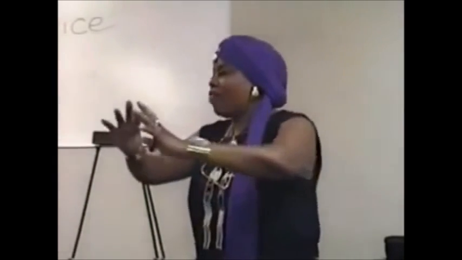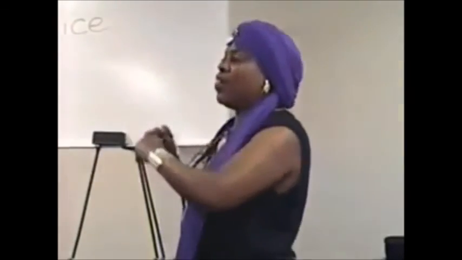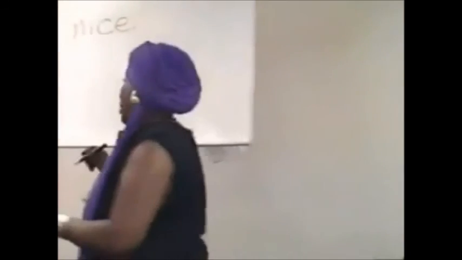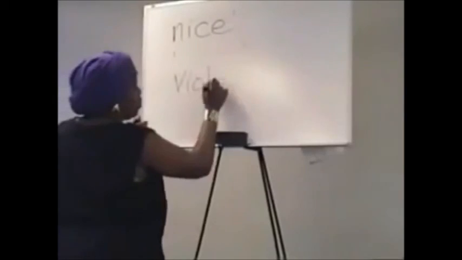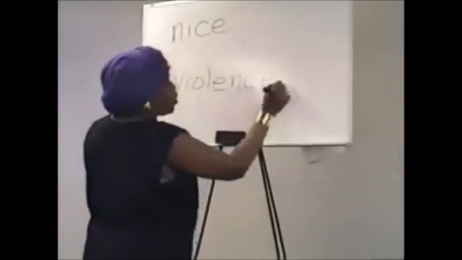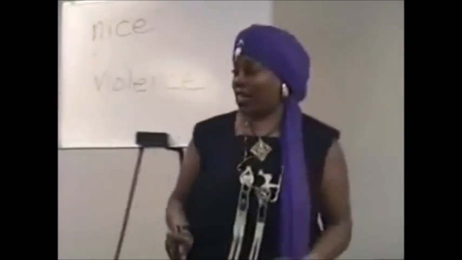So everything that's going on in the world today is going on because melanated people project it out. Europeans, they have the ability to trick and deceive and use what is called violence.